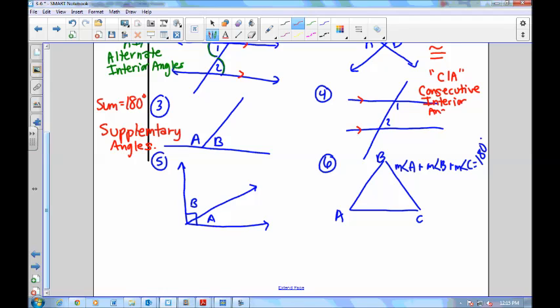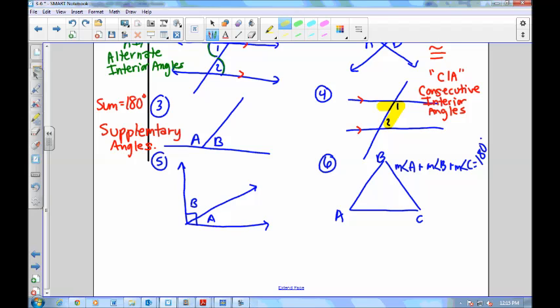angles. What do we know about consecutive interior angles, other than the fact that they can be neighbors like this or neighbors across the street? What do we know about those types of angles? Jonathan, what do we know about CIA angles?